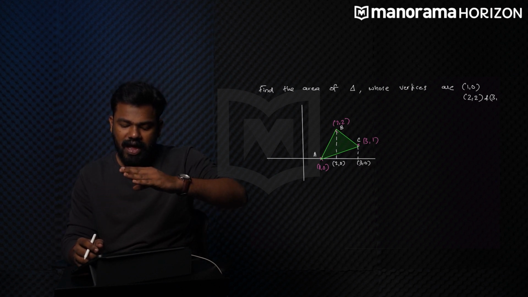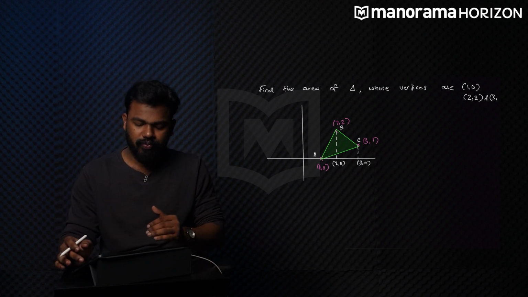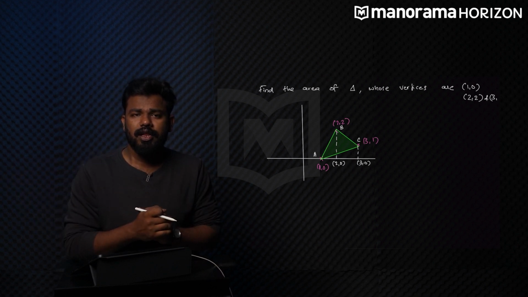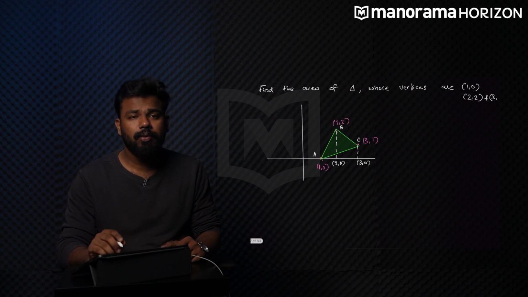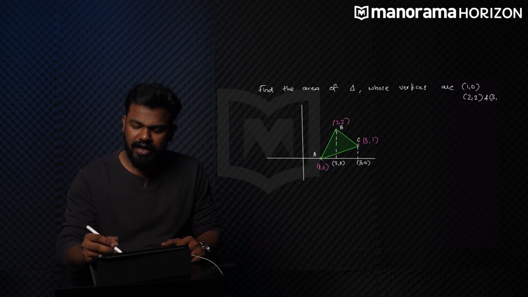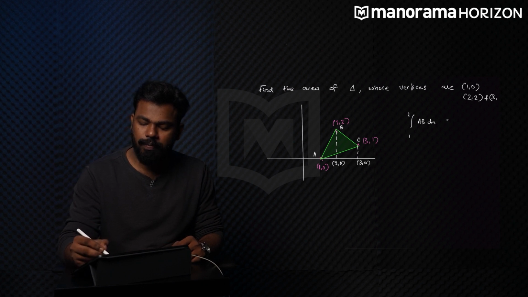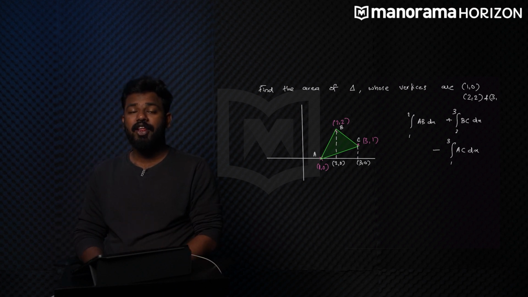There is another line from 2, 0 to 3, 0, which is BC. And then from 1, 0 to 3, 0 there is a completely new line which is AC. So how to find the area between these points ABC? If I write from 1 to 2, AB dx, plus from 2 to 3, BC dx, and then from 1 to 3, if I subtract AC dx, will I be getting the entire area of the triangle?